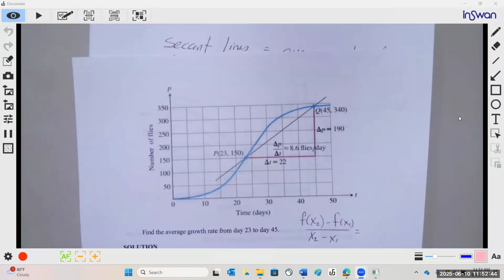No. I say, how did you get it? That's it, 340. So the rest of y'all, how'd you get it? What did you put in there? What's the first number? x2 minus x1. Right. You plug those values in your calculator and you'll get 8.6. Again, that's average rate of change.